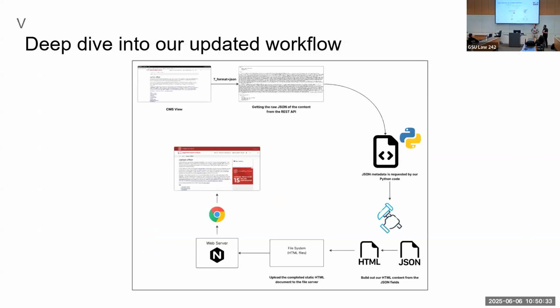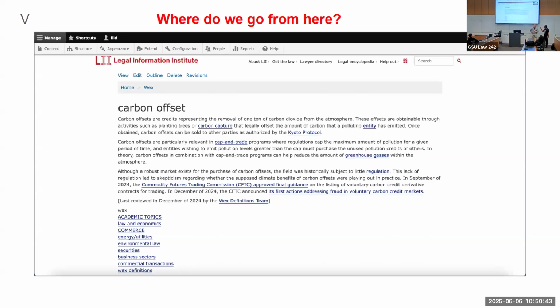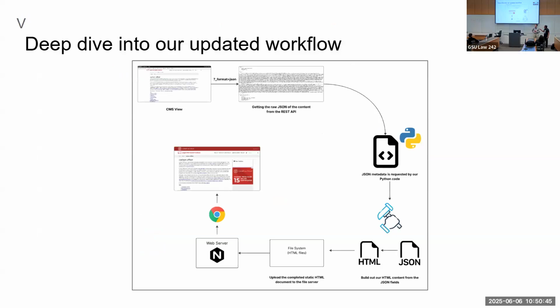So here we get to our new workflow that we updated with the advent of Drupal 10. So here you have the CMS view. One thing that is provided is the ability to use the REST API JSON. So if you provide a query formatted for JSON, you get the JSON metadata of our content.